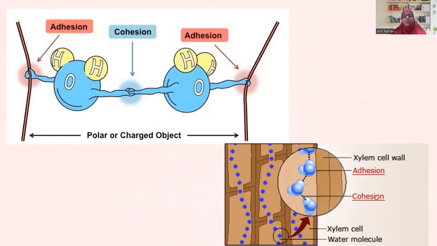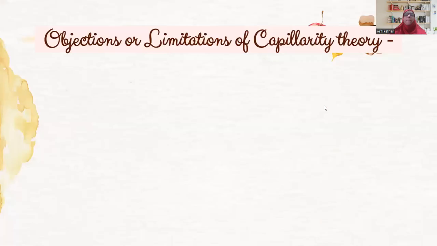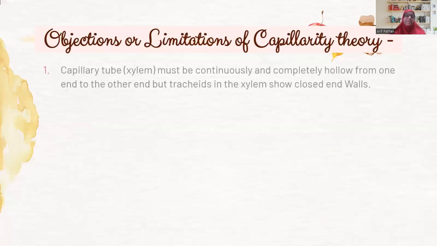So between water molecules, cohesion; between xylem cell wall and water molecules, adhesion. But again, these have certain objections and limitations.